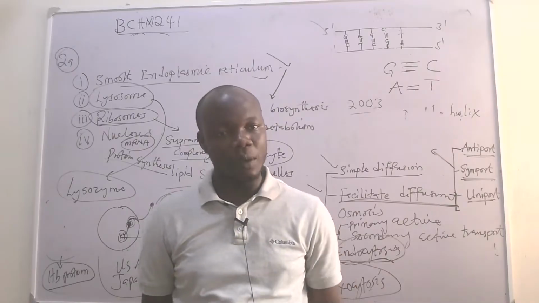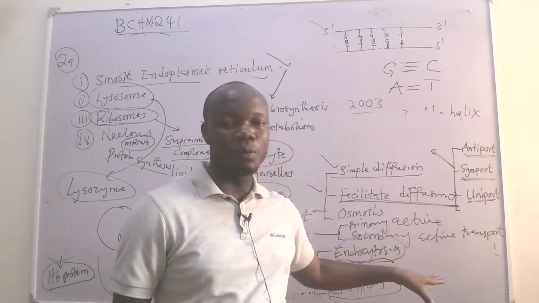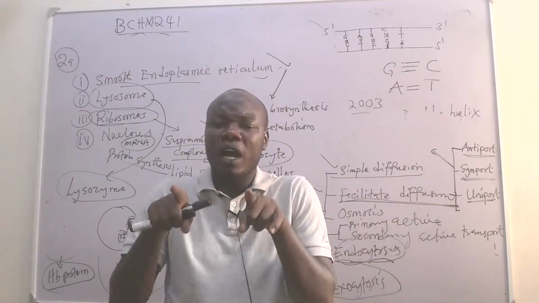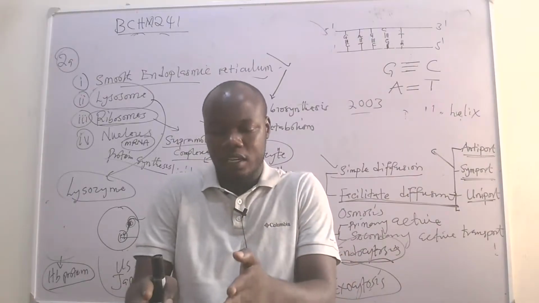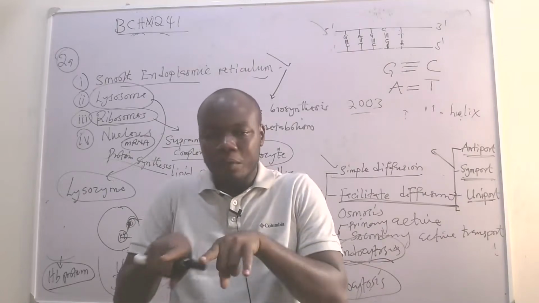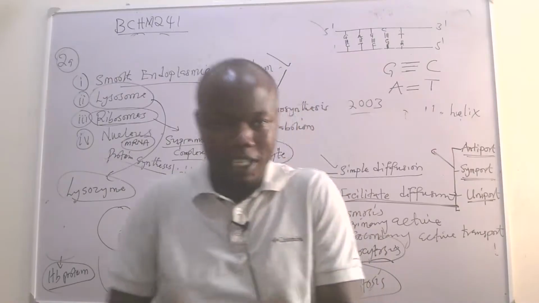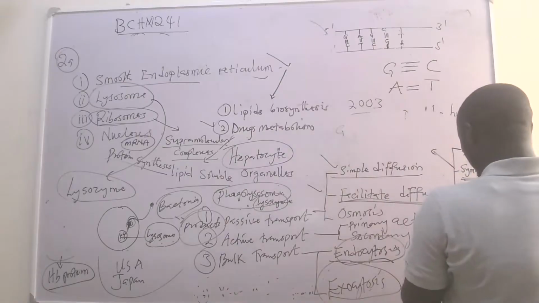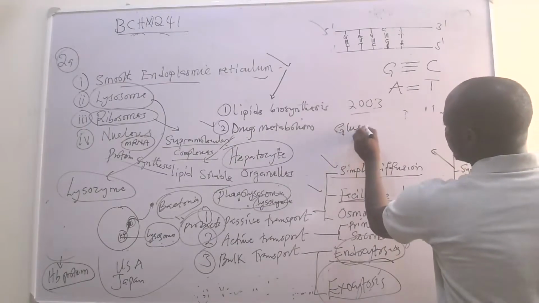Yes, it's passive diffusion, but specifically, which type? Is it antiport, symport, or uniport? When you have two molecules moving across the cell membrane into the cell at the same time, simultaneously, like glucose and sodium.